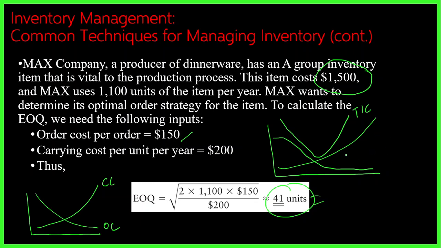This is your TOC and TAC. Total inventoriable cost is equal to your total annual carrying cost plus your total ordering cost. The lowest point right here is actually the point where your TAC and TOC intersect, no? And that is now 41 units.